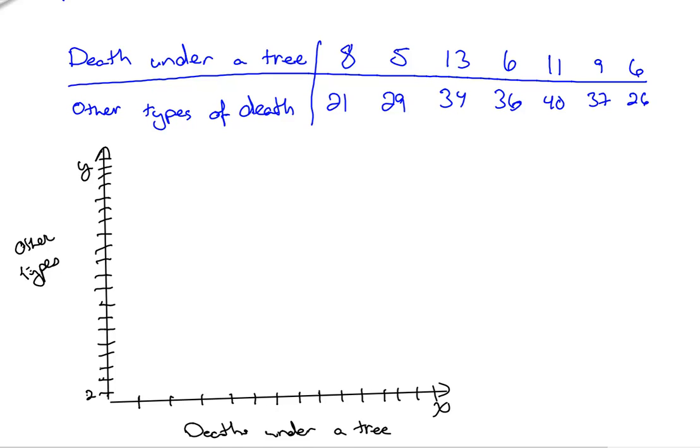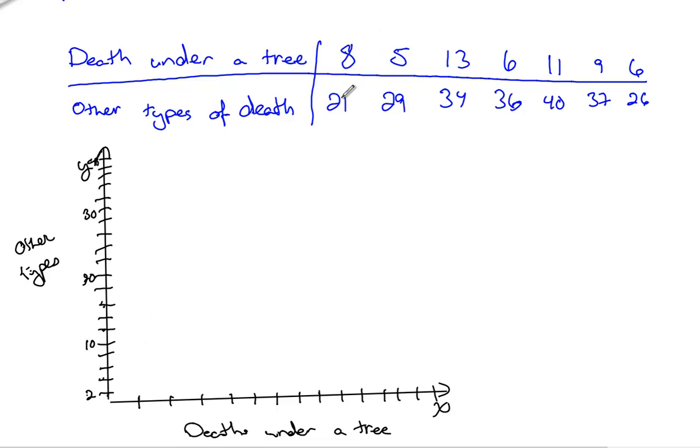So 2, 4, 6, 8, 10, 12, 14, 16, 18, 20, 22, 24, 26, 28, 30, 32, 34, 36, 38, 40 is at the very top. Okay? And then we're going to plot our points.